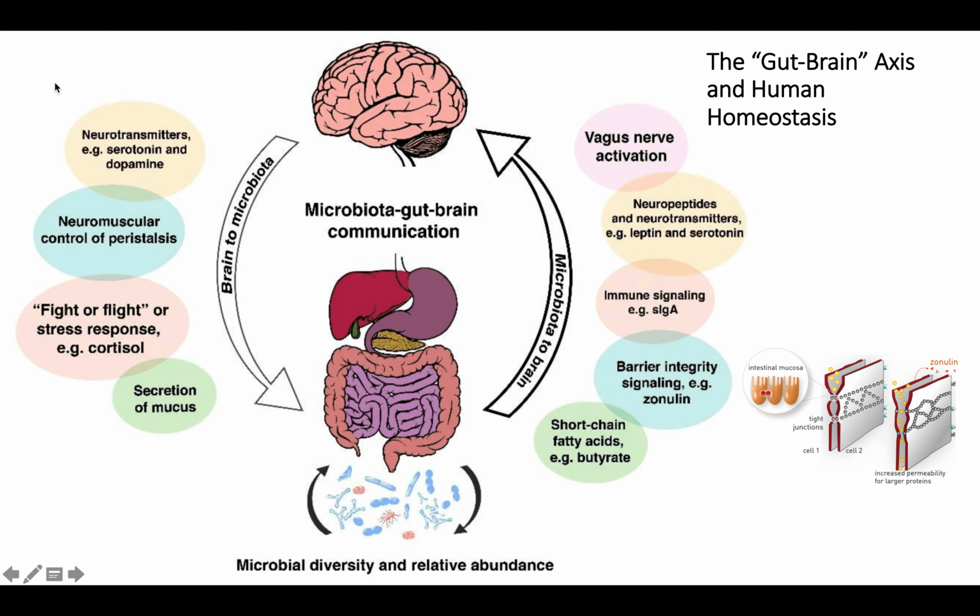You may get too much constriction and have diarrhea, or you may have lack of peristalsis and become constipated. So it's kind of a cycle. The gut microbiome not only keeps us in homeostasis, but also affects our brain.